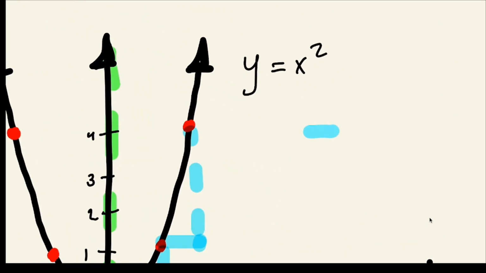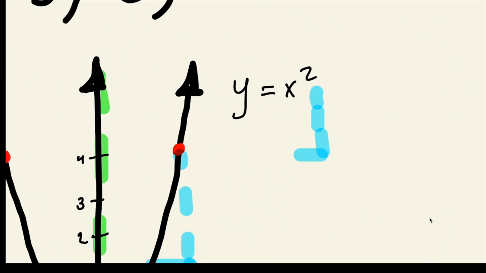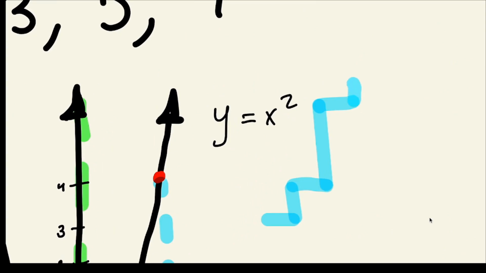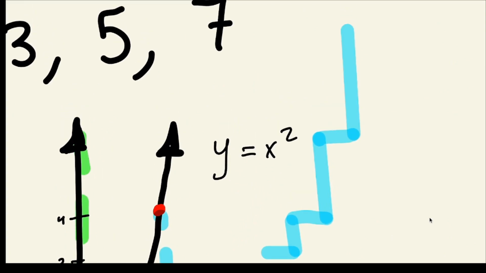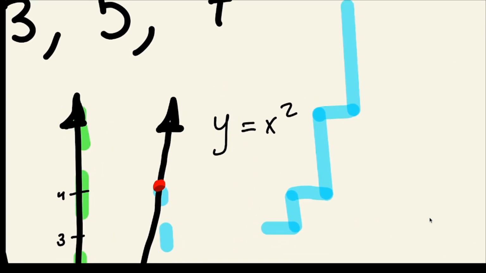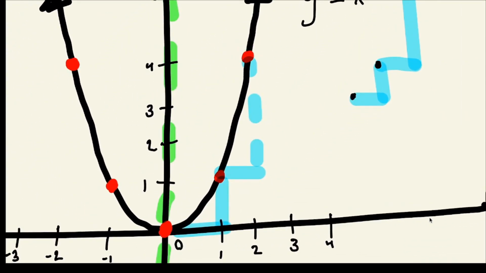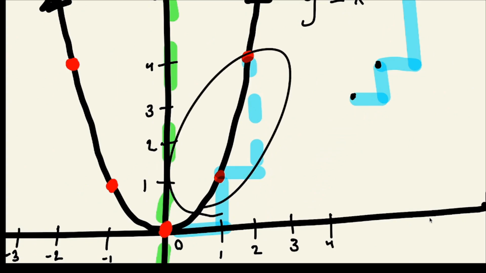You go 1 right, 1 up. 1 right, 1, 2, 3 up. 1 right, 1, 2, 3, 4, 5 up. Okay, so then you're going to have points here, here, here, and here. That's basically what I drew right here, right?